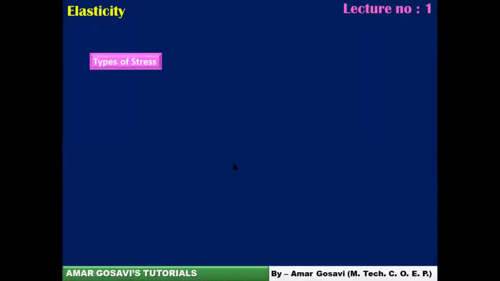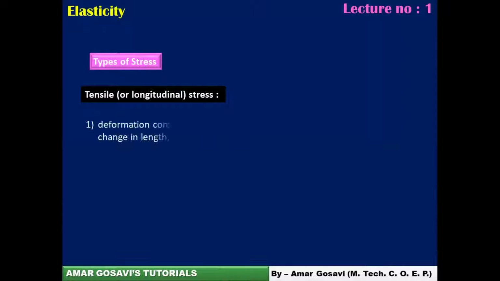The first type of stress which we want to think about is called tensile or longitudinal stress. If the deformation is in the form of change in length, then the stress involved is called longitudinal stress, or tensile stress is the other name. Similarly, strains are also of three types.